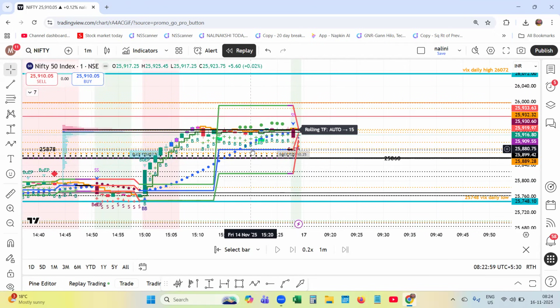These are the rolling pivot support lines, exactly aligning to the PE writers line at 25,788, and these support lines are also aligned to EP put writer lines. So any dip towards this level can act as a strong support for the market.